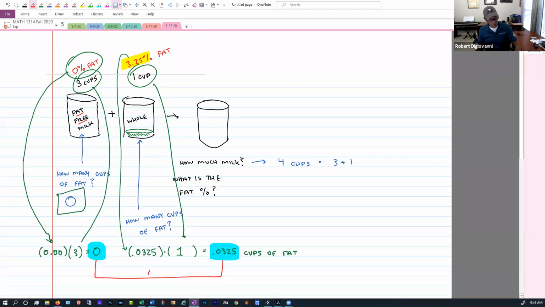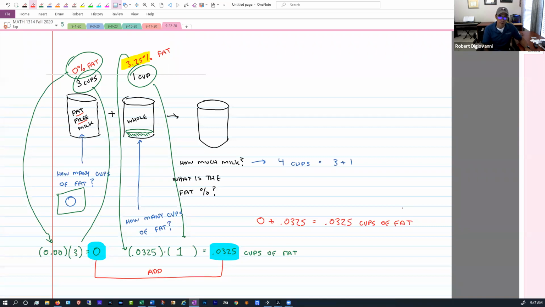So if we add these, 0 plus 0.0325, that's just 0.0325 cups of fat. Okay, I'm going to do another example after this. If this one's not making a lot of sense, just let me do 2 examples, and then I think after 2 you'll catch on a little better.